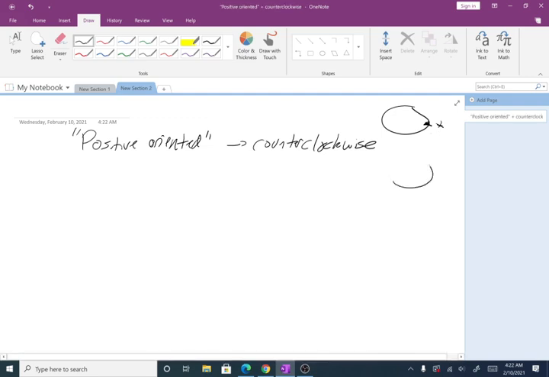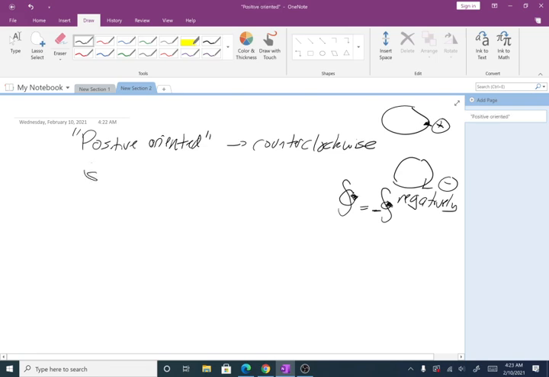On the other hand, if our curve was going in the opposite direction, clockwise, we would call this negatively oriented. So in this case, the integral with one orientation would be equal to minus the integral with the opposite orientation. So you just have to keep which one straight.